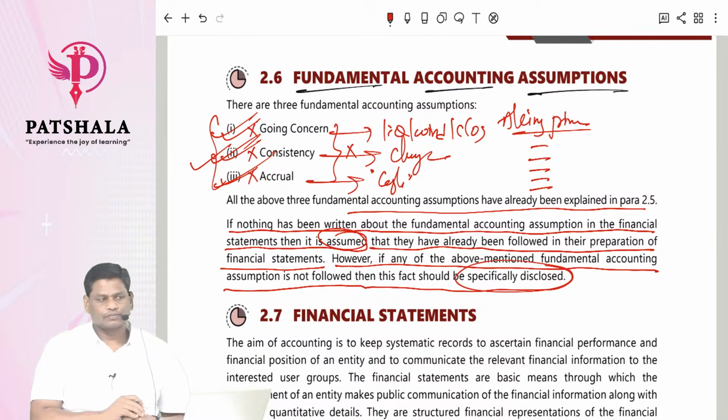The following are the three basic fundamental accounting assumptions. Basic fundamental accounting assumptions, right? First one.